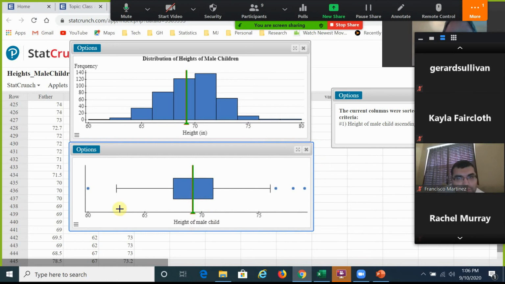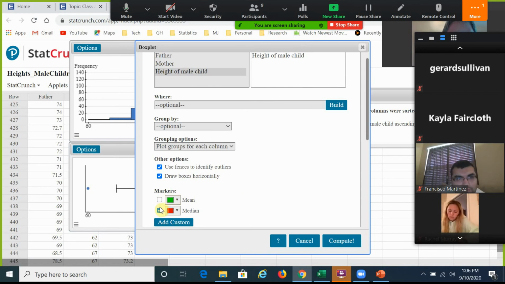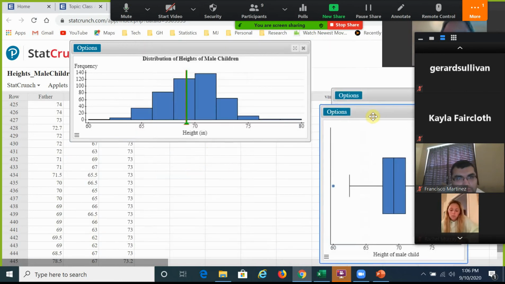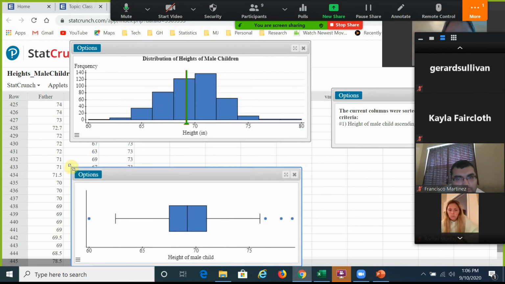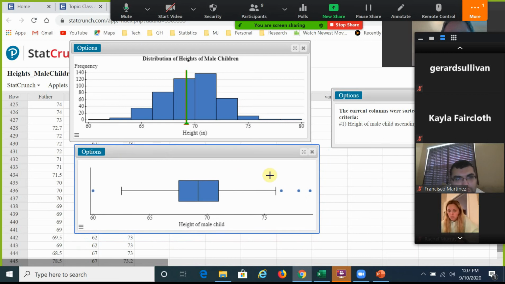Does the box plot make you think this is symmetric or skewed? Here's what we're looking for. We're looking to see if the median, which is that thing in the middle, and in fact, let me take out the mean and the median here, because the median's already on there. The median, which is the center bar, is in the middle of the box. So that's evidence that it is symmetric.